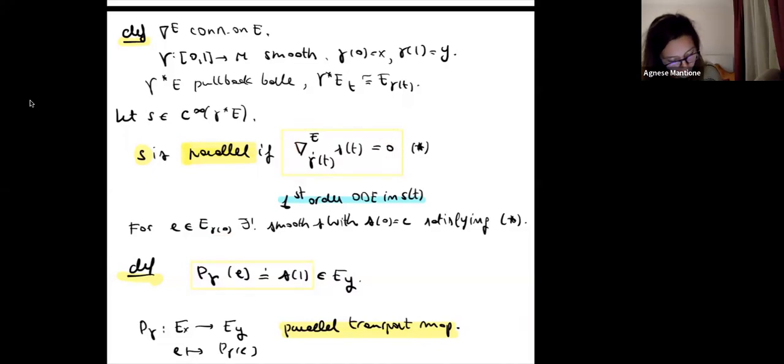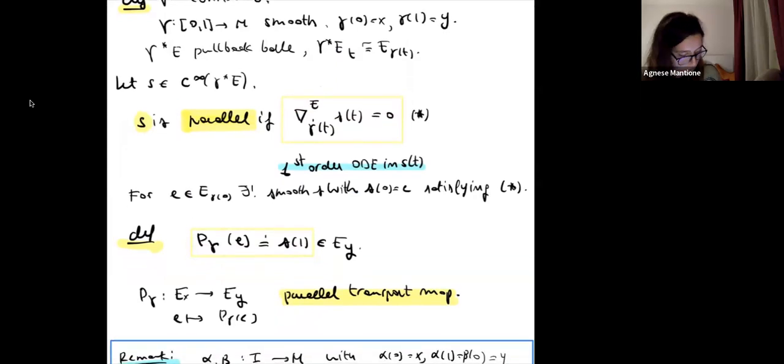This unique solution we denote by S, and then we define phi gamma of the chosen e to be the value of this S at 1. This would be an element of the fiber of the bundle at y, and so this process gives us a well-defined linear map from the fiber at the point x to the fiber at the point y, which is called the parallel transport map.